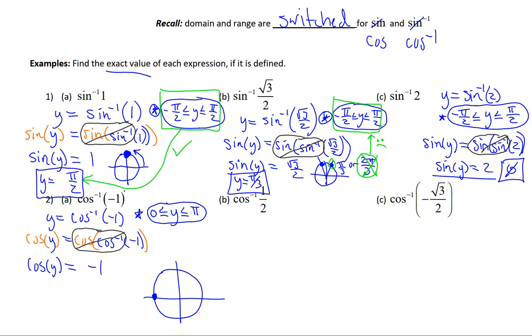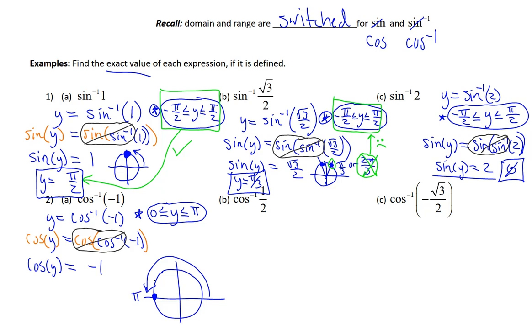Well, it kind of depends where you start and which direction you go. Let's remember that we're talking about values between 0 and pi. So that would mean 0 on the right side of the unit circle, and then pi is on the left side all the way around. So halfway around the circle, going in a counterclockwise direction, halfway would be all the way up to pi.